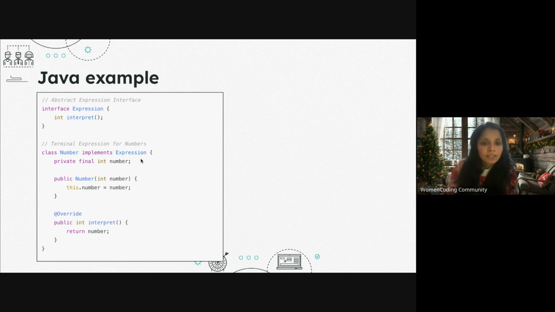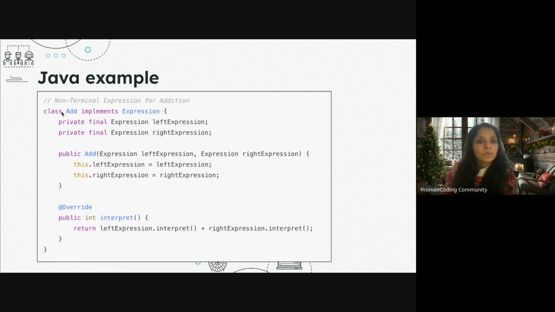If you implement the expression, it will say that this is a number and it's going to return the number. And then you have another implementation, an add expression. So you want to say, I want to add two numbers. Then what would be the grammar for that expression? You would add the left expression plus the right expression, or you can say the left-hand operand and the right-hand operand in this case.